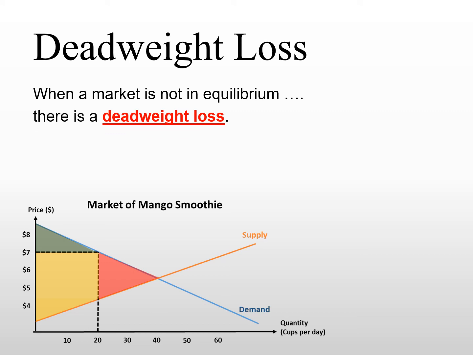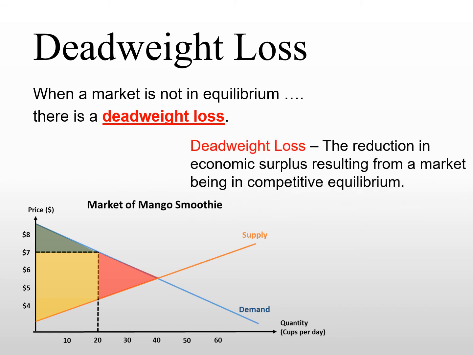So deadweight loss is the loss of welfare in the market when the market is not at equilibrium. When deadweight loss appears in the market, that demonstrates the market is not operating at a very efficient level. Some of this benefit is not being captured by either the consumer or the producers.